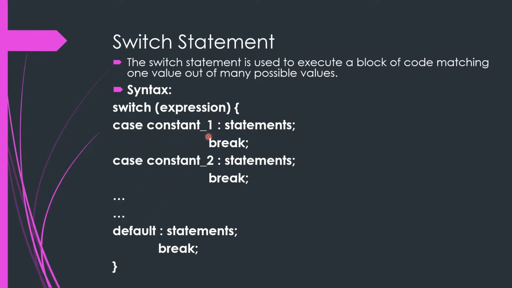This constant 1, constant 2, out of these values any one, we select the matching with this expression. And these are the statements that are going to be executed whichever case is matched. Then here a break statement is also there and a default statement is also there. We will be discussing their use also. Let us move further.